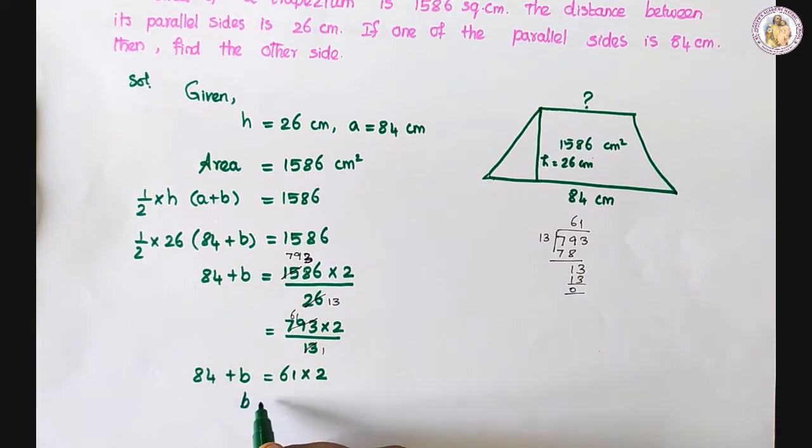So b equal to 61 into 2, 122. Here 84 is in addition. Bring this side means subtraction. So we get b equal to 122 minus 84.